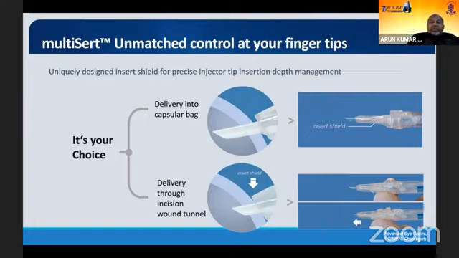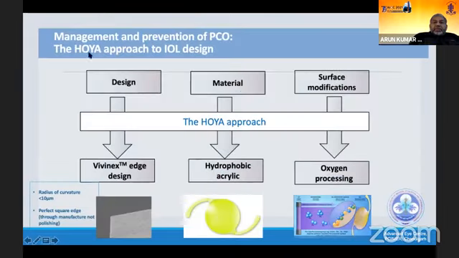Now coming to how this platform helps us in preventing PCO. It has a unique design, and compared to other lenses it has the best square edge, almost a perfect square edge, which prevents the migration of epithelial cells.